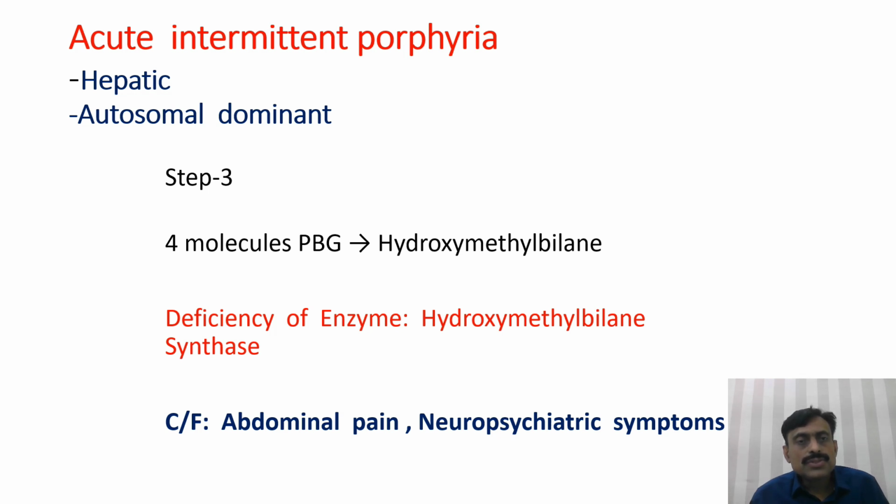In the third step, four molecules of PBG form hydroxymethylbilane in the presence of this enzyme. If this enzyme is deficient, that leads to acute intermittent porphyria. The features are abdominal pain and neuropsychiatric symptoms. PBG cannot convert into hydroxymethylbilane, so ALA and PBG levels are both increased in blood.